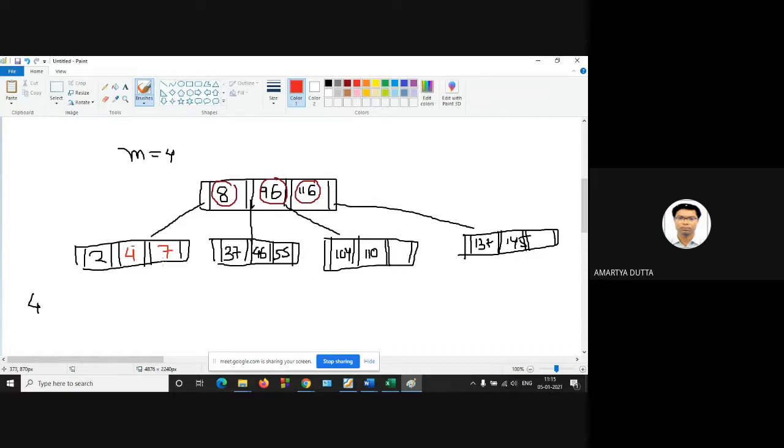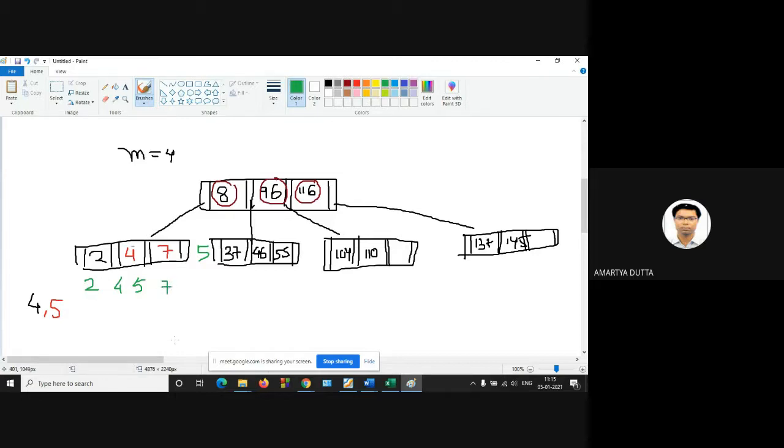Okay. Now insert 5. What should I do? It will again go to the left side, but the node is full, so we need to send the median upwards. But there are 4 keys. Which one should we take as the median? The keys are arranged in ascending order. So first of all, write down your 5 here. Now rearrange: that is 2, 4, 5, and 7.